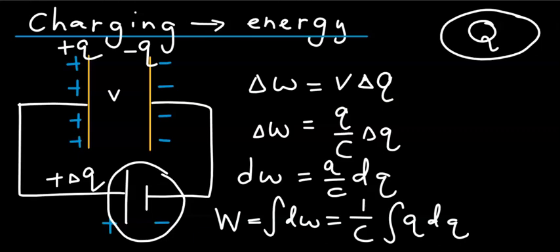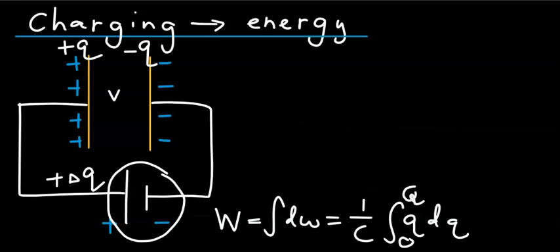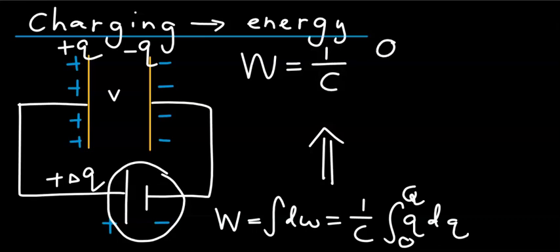Now note that this C, the capacitance, is a constant and can be taken out of that integral. Initially, the capacitor did not have any charge, so the lower limit is 0, and it is charged to a maximum of capital Q coulomb. So that is the upper limit. So substituting the limits after doing the integral, we get the total work done by the battery during the charging up process of the capacitor is quite simply 1 over C times Q squared over 2, or quite simply Q squared over 2C.